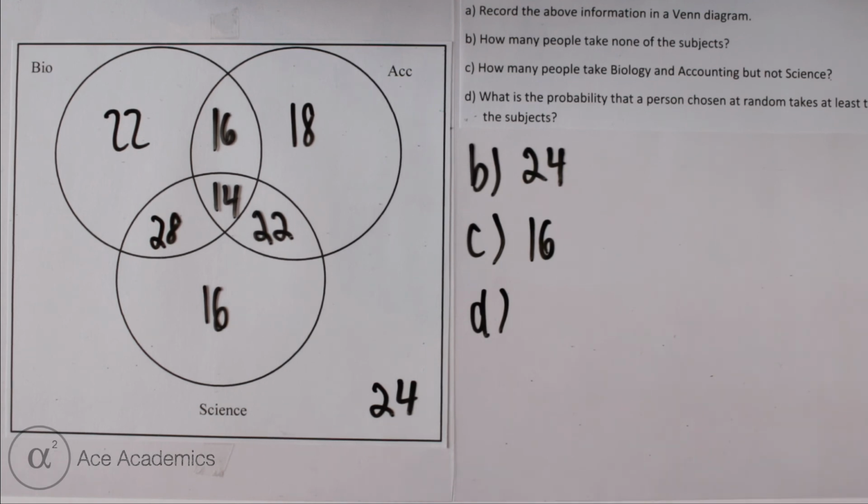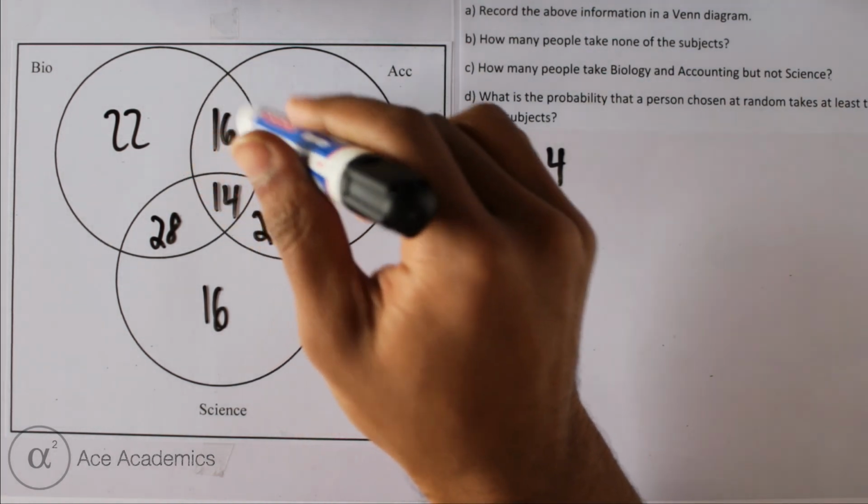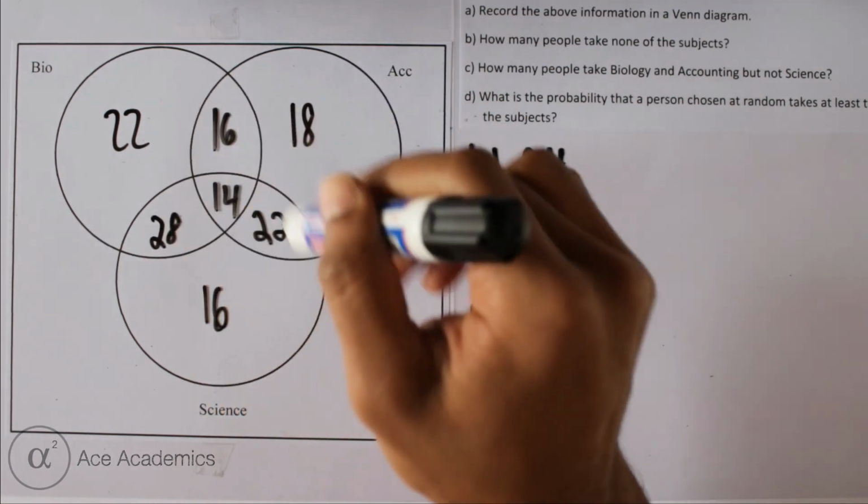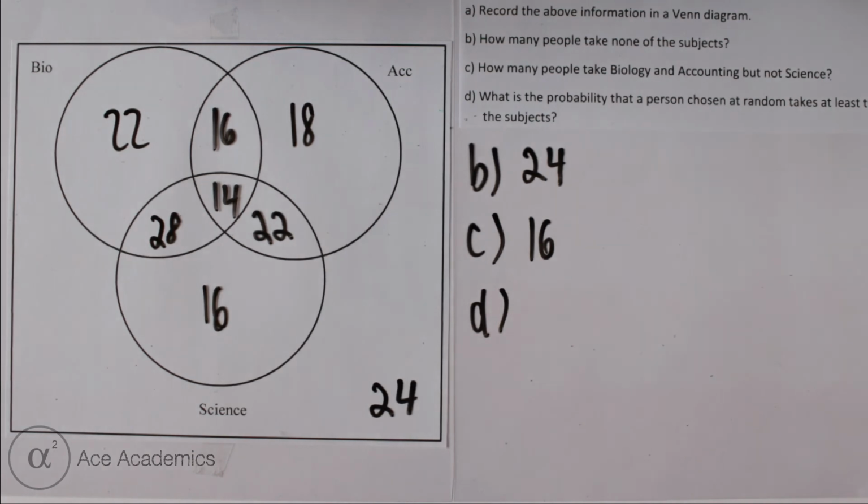The last question, what is the probability that a person chosen at random takes at least 2 of the subjects? Now, at least 2 of the subjects means 2 or more subjects. So it's wherever there's intersections of the circles and it forms this flower sort of pattern. So all of these people take at least 2 of the subjects.